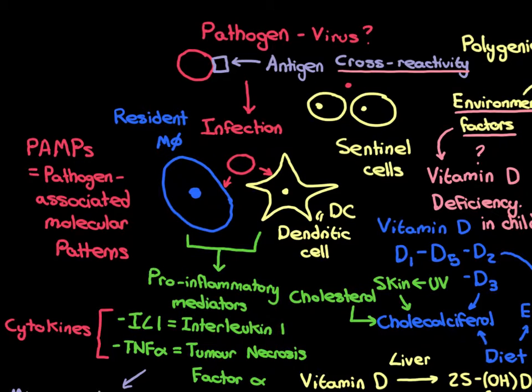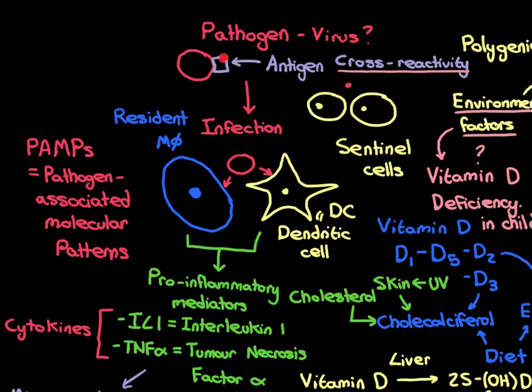And this pathogen that you're going to get infected with is going to have an antigen that is going to contain the same peptide fragment as is present within the central nervous system myelin protein, and which is the peptide fragment that we have developed CD4 positive T cells that are directed against. So this antigen is going to be able to activate those CD4 positive T cells.